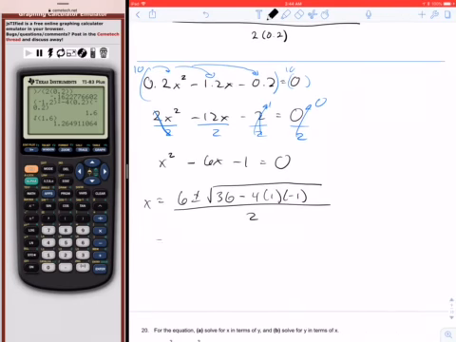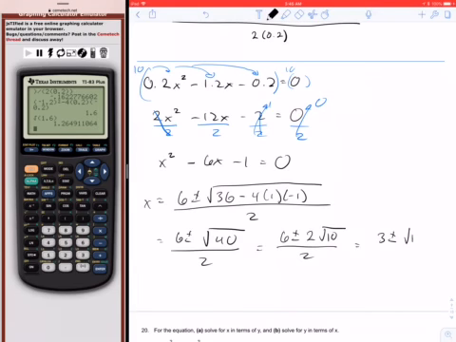Just kind of playing around. 6 plus or minus the square root of 36 plus 4, which becomes 40, over 2. That's a 4 and a 10, so that's going to be 6 plus or minus 2 root 10 divided by 2, and we get 3 plus or minus the square root of 10.